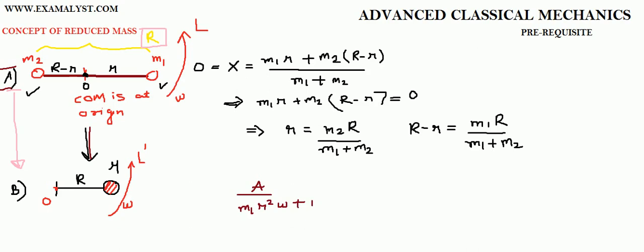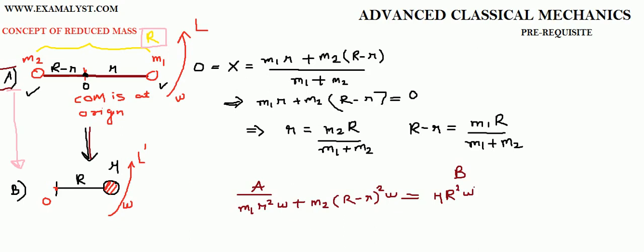Remember angular momentum from the chapter that we already did in our basic classical mechanics. So m2 into R minus r whole square into omega must be equal to the angular momentum of system number B. What is the angular momentum of system number B? It will be mu, that is the mass, into R square into omega.